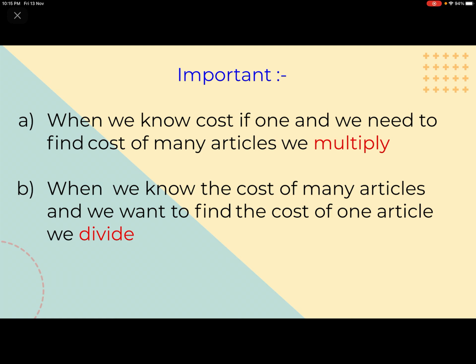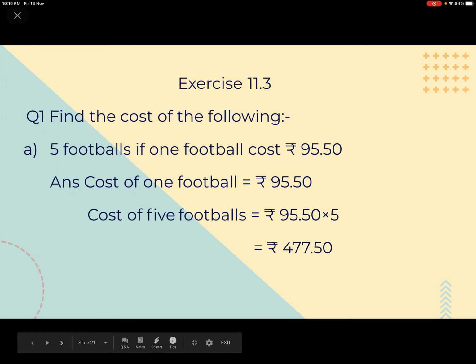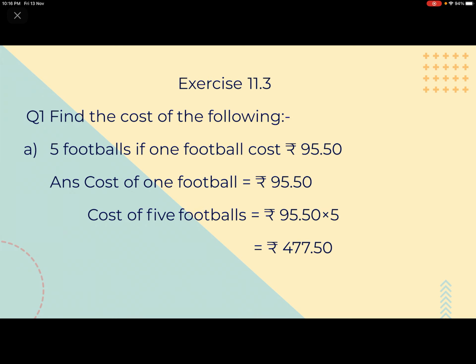And when we know the value of many articles and we want to find the value of one article, we divide. Children, this particular concept you have learnt in your multiplication and division chapters as well. Remember, multiplication is repeated addition and division is repeated subtraction. Right? Let us better understand the concept as we continue doing our exercise.